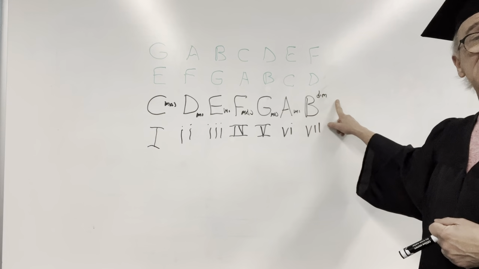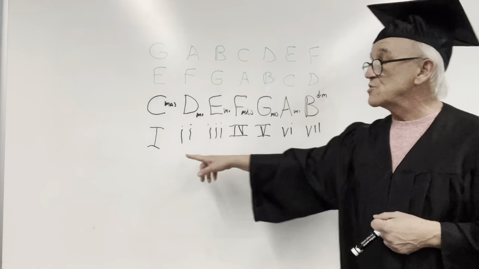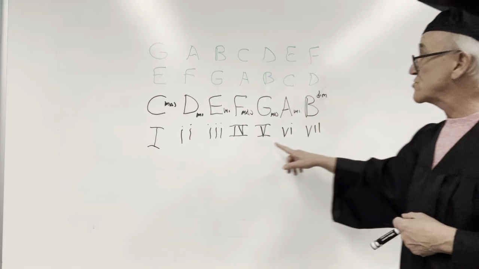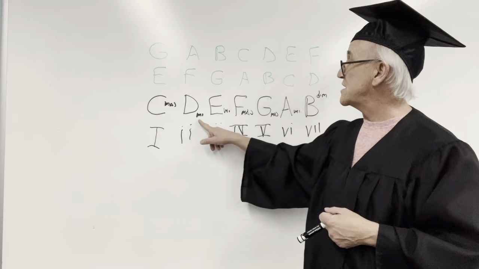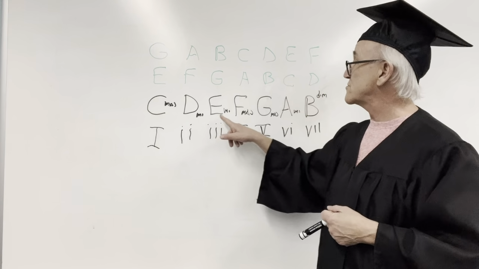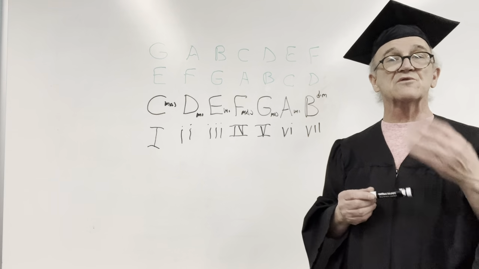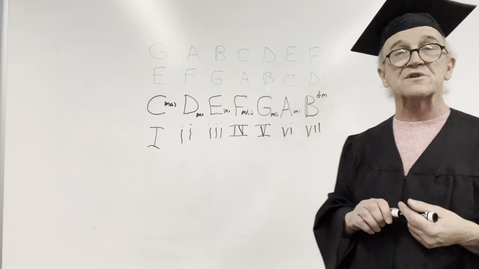You figure out what key you're in, and you can label them either with numbers, or you can label them like this: C major, D minor, E minor, F major, G major, A minor, B diminished, okay? Don't worry so much about the diminished chord. We rarely, if ever, in pop music, use a diminished triad. If you're going to do diminished, we usually use a 4-note chord or a 7th chord.